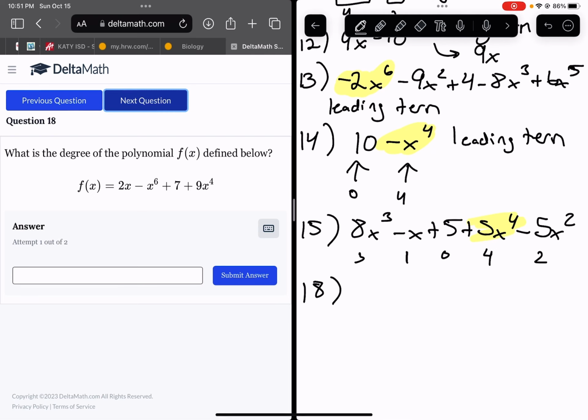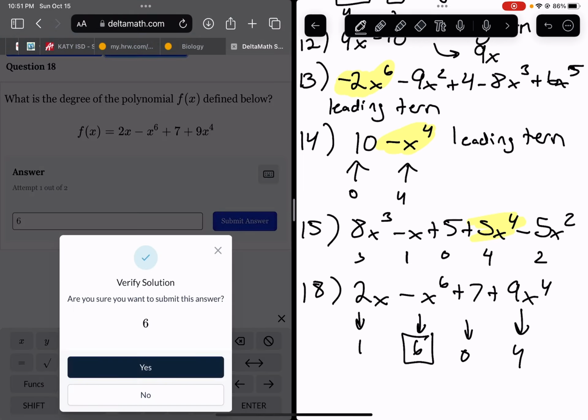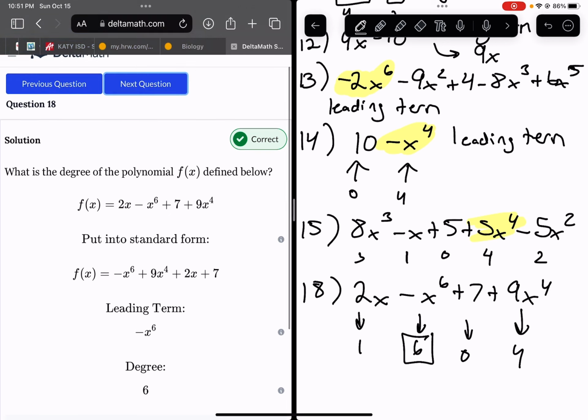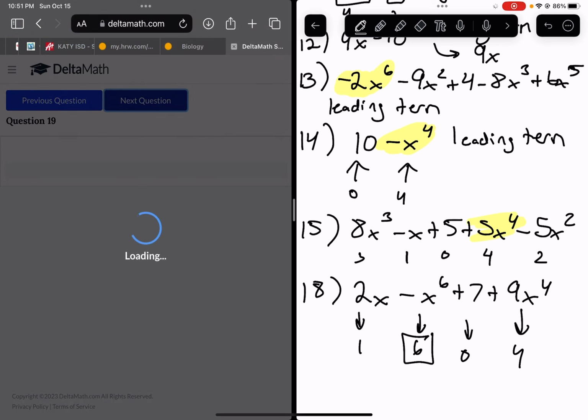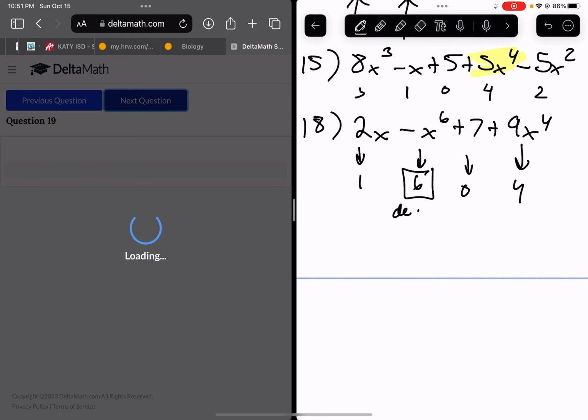So for this one, we've got 2x minus x to the 6 plus 7 plus 9x to the 4th. So we've got power of 1, power of 6, power of 0, and power of 4. So overall, the degree here is going to be 6. And we can write D-E-G-R-E-E.